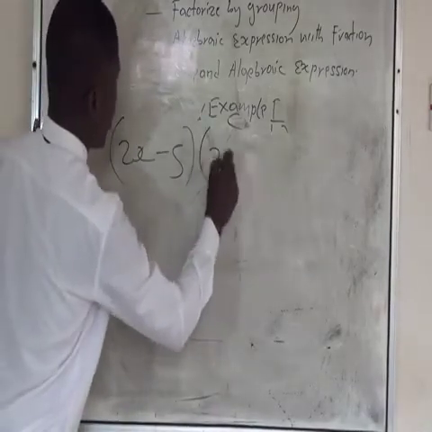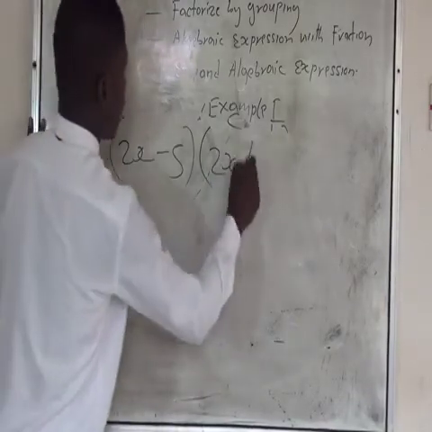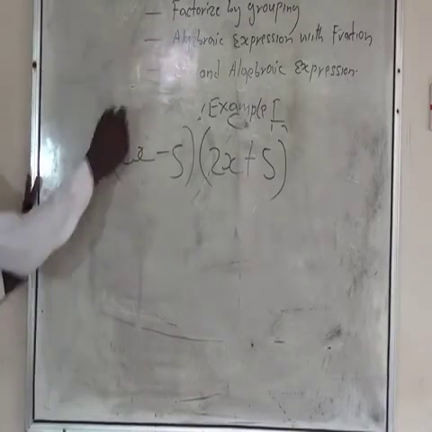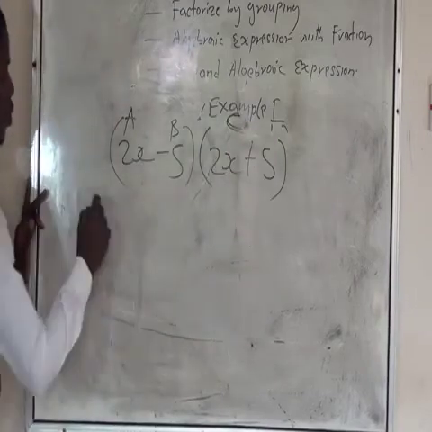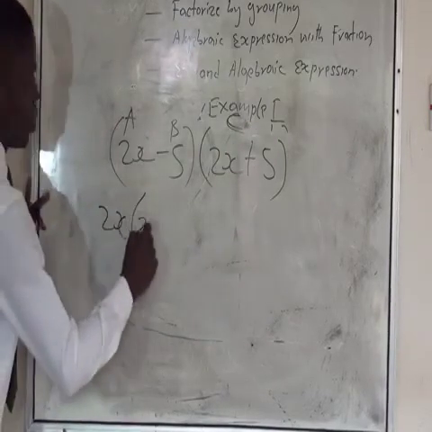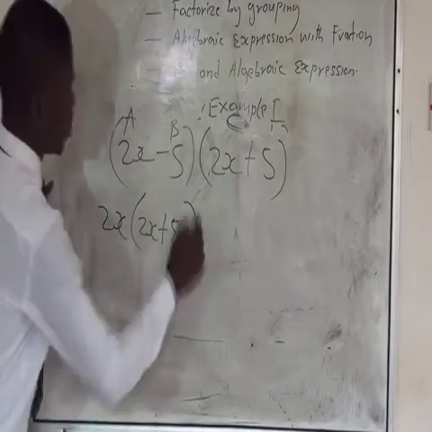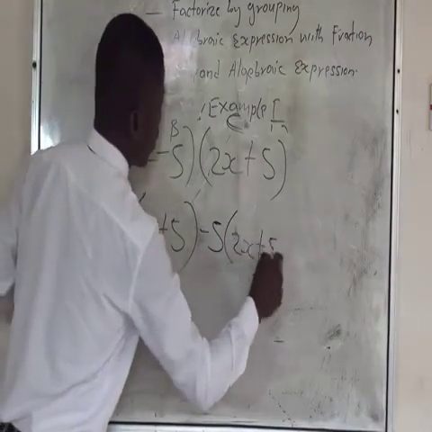Open another bracket, 2x plus 5. Good. Let's expand. A, B, and C. 2x bracket 2x plus 5, close the bracket. Minus 5 bracket 2x plus 5.